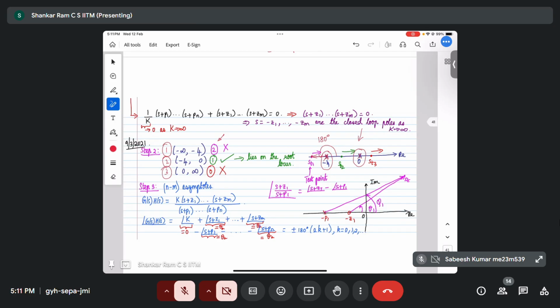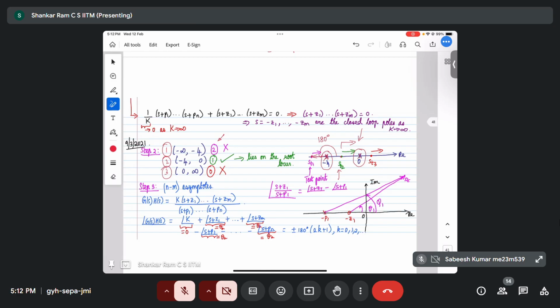Now, if we take region 2 and take the test point ST2, which is in between -4 and 0, we look to the right of the test point. How many real open loop poles and zeros do we have? Essentially we have only one real open loop pole, and that's an odd number.